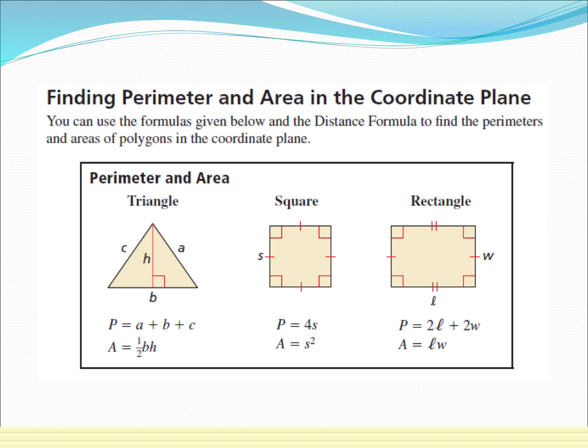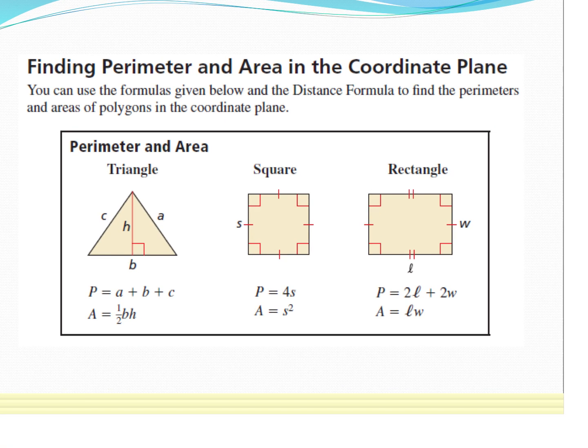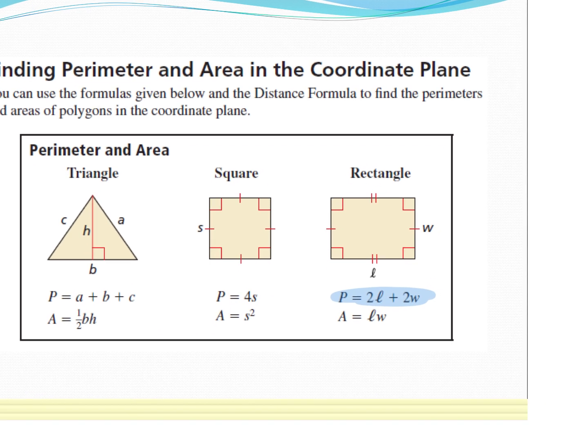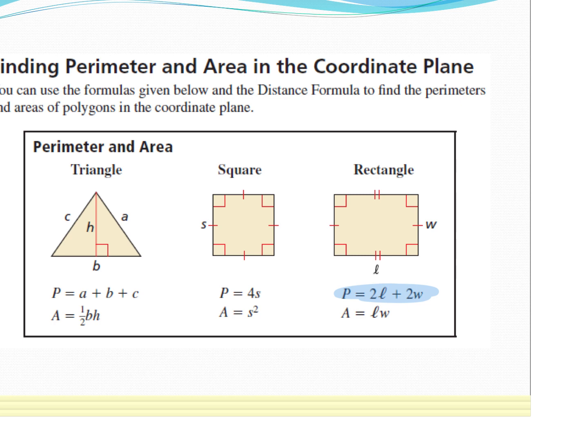And for the rectangle, this is the formula for perimeter that you probably saw quite often, maybe even in Algebra 1 when you were learning how to solve 2-step equations. But another way that you can do this is if you recognize that this side over here is also a length and a width.